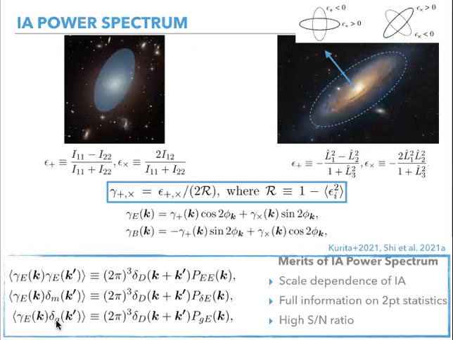This intrinsic power spectrum is a 3D one. It's not a projected 2-point correlation, which is commonly used in other works. And we think the good thing is that it contains the full information on 2-point statistics, and it also gives a high signal-to-noise ratio measurement.